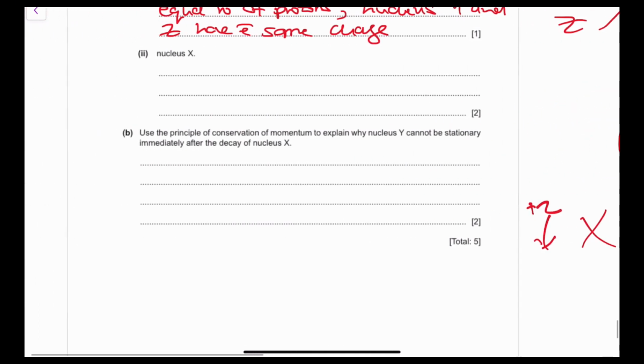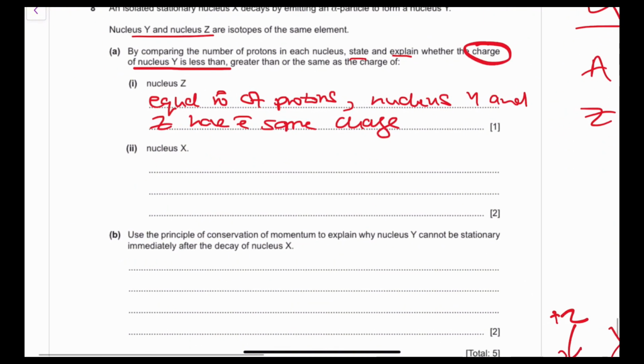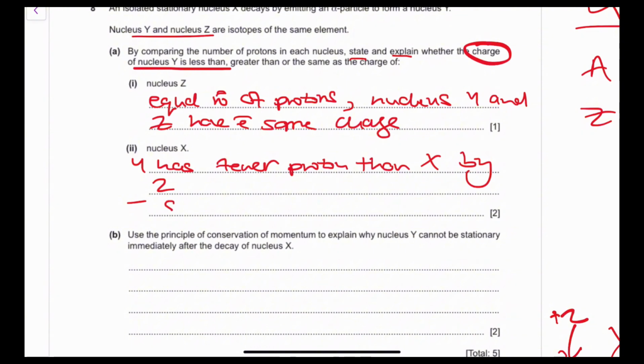Because it's losing protons, Y has fewer protons than X, by 2. So Y has a lesser charge than X.